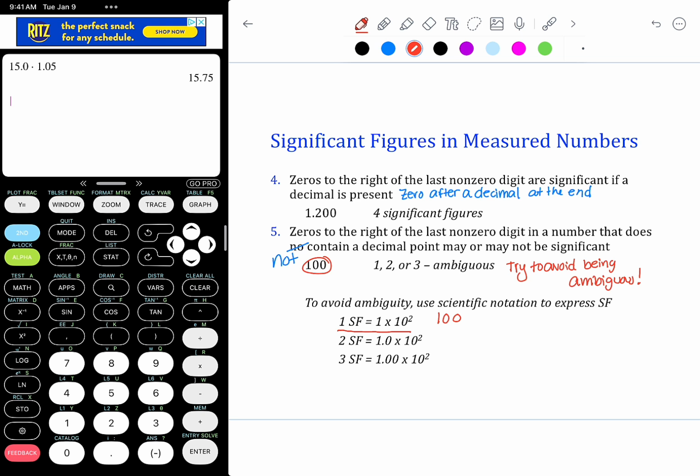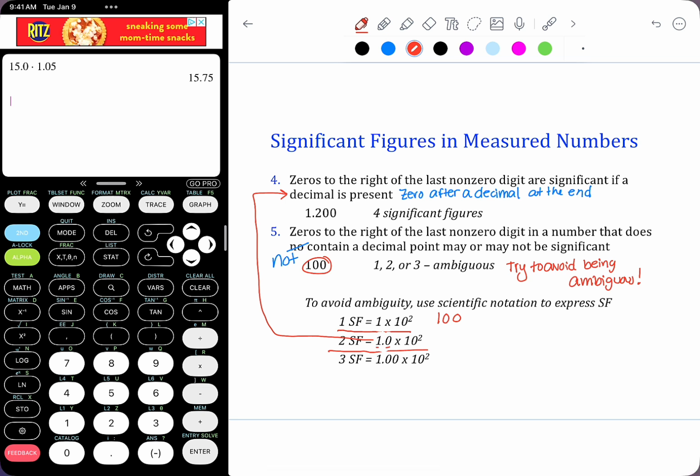If I wanted to show 100 with 2 significant digits, I would write it as 1.0 times 10 to the second. What happens here is this 1.0 now follows rule 4, because that 0 comes after the decimal place, I'll erase it so we can see it. Because that 0 comes after the decimal place, it is now significant. So I can say that the 1 and the 0 are both significant.